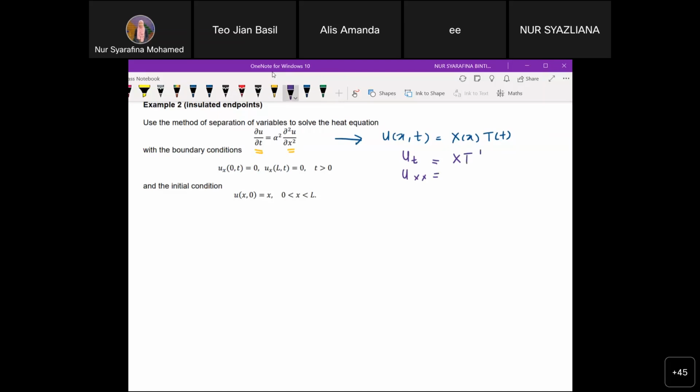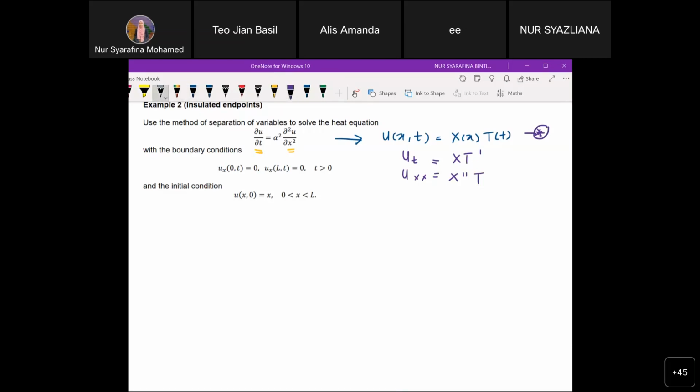Okay, and u double x here, you differentiate x about twice. Understand or not? So this is your expected solution. And then you differentiate the solution according to the problem.